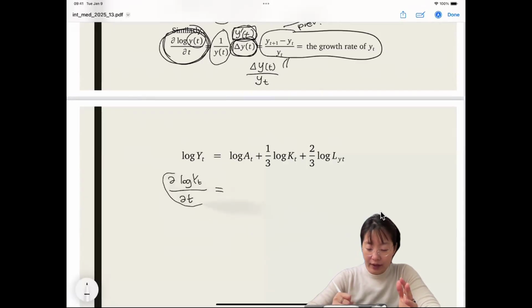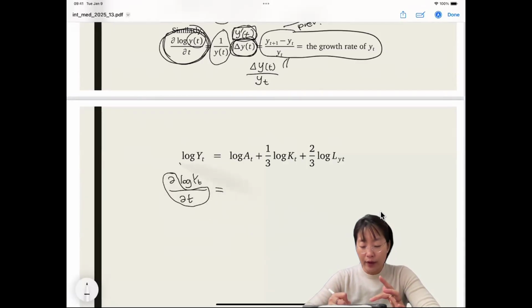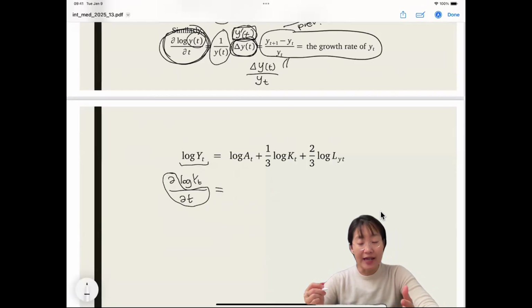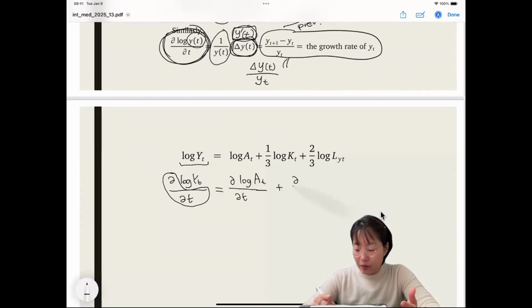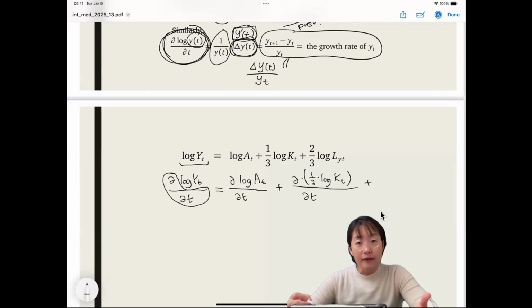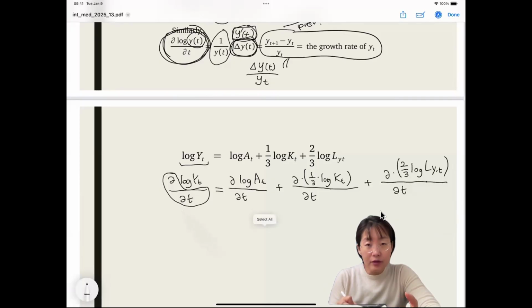So we put this operator for each log variable. So we put the same operator to log of A_t and the same operator to 1/3 times log of K_t. Again, the same operator to 2/3 of log L_yt. Then this is the growth rate.